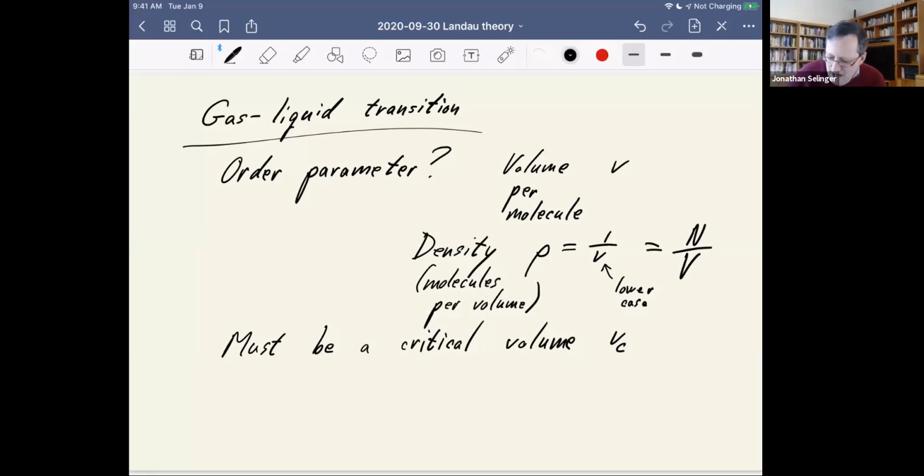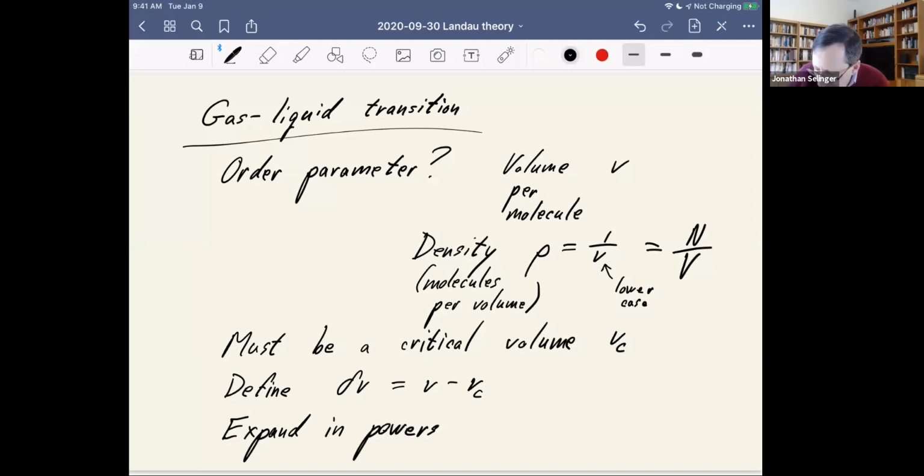Okay. So let's define delta volume to be the volume minus the critical volume, okay? And we could expand in powers of delta V. This actually works out, okay?